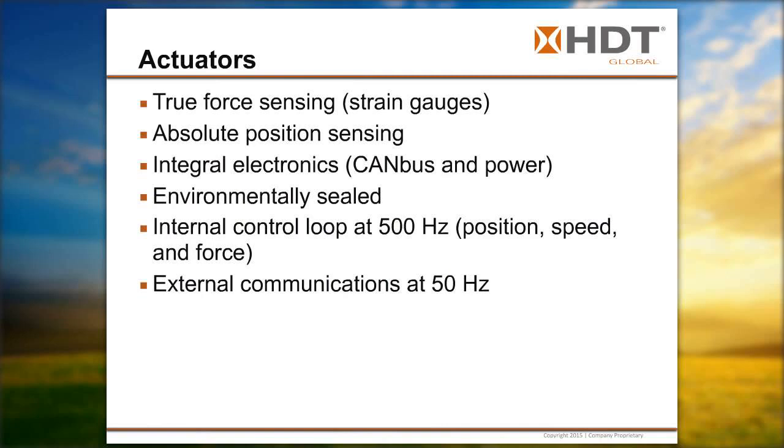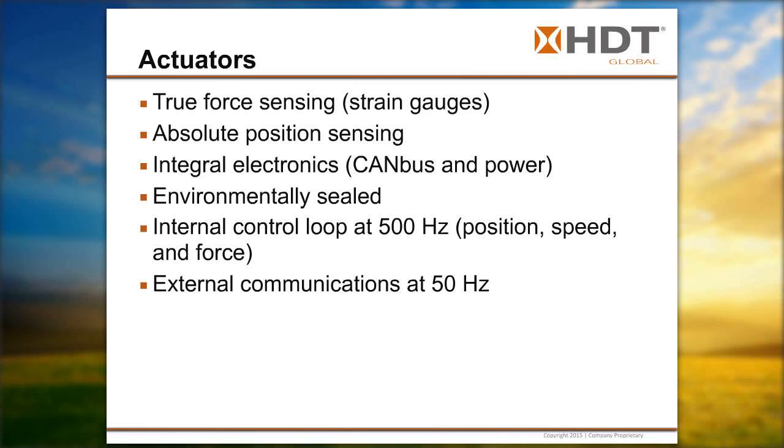Like I said, there's a member in there that we put strain gauges on that experiences a little bit of deflection, and that gives us the ability to actually measure true force and measure it quite accurately. Around that, we measure the absolute position.